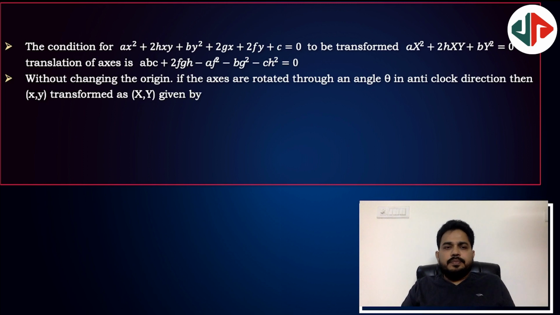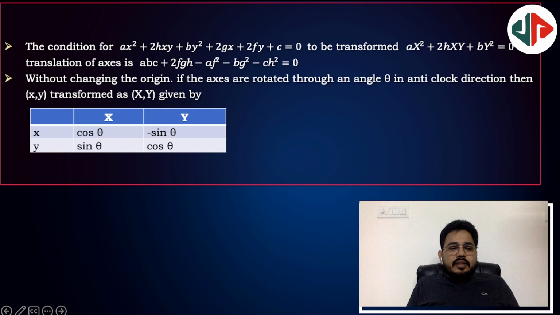So the condition for ax square plus 2hxy plus by square plus 2gx plus 2fy plus c equal to 0 to be transformed to ax square plus 2hxy plus by square equal to 0 by translation of axis is abc plus 2fgh minus af square minus bg square minus ch square equal to 0.